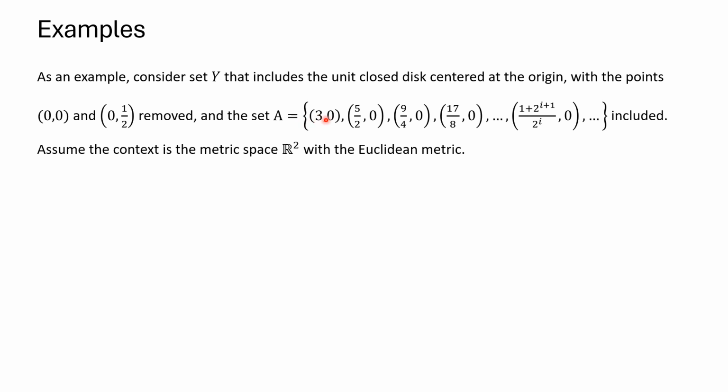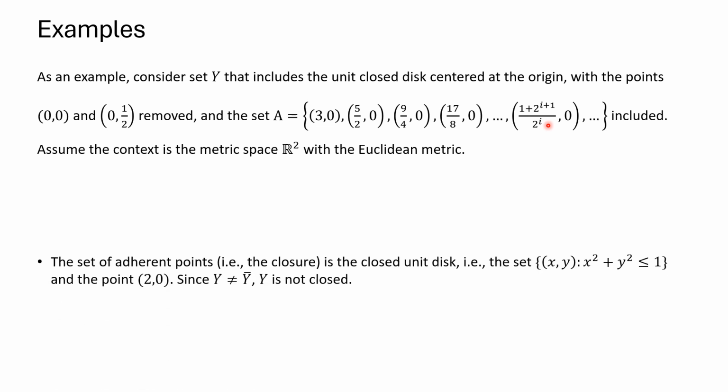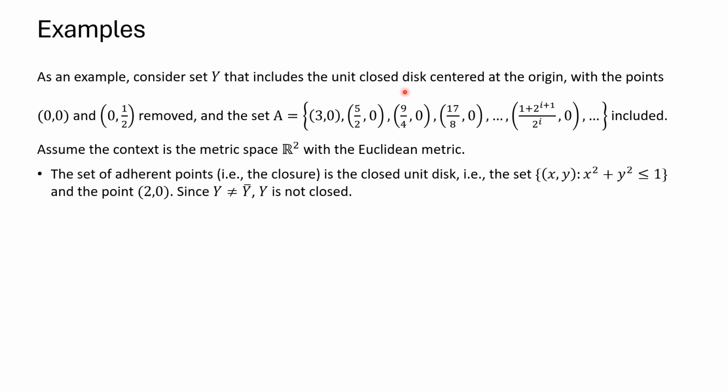And then we have this set here: (3,0), (5/2,0), (9/4,0), and so forth. It keeps getting closer and closer to (2,0). So these are all along the x-axis because y equals 0 in every case. And the limit as i goes to infinity is (2,0). So that is the set: the unit disk, these two points removed, and then all these points here.